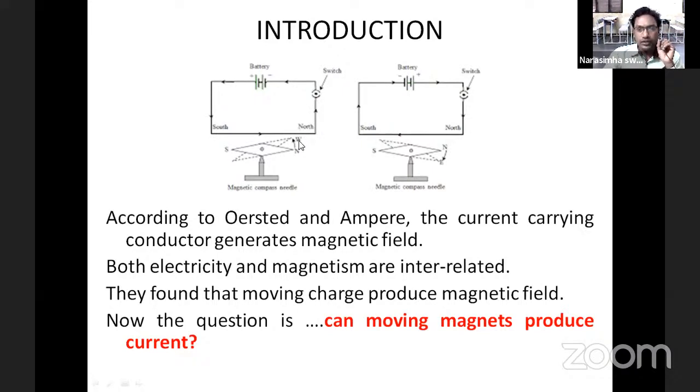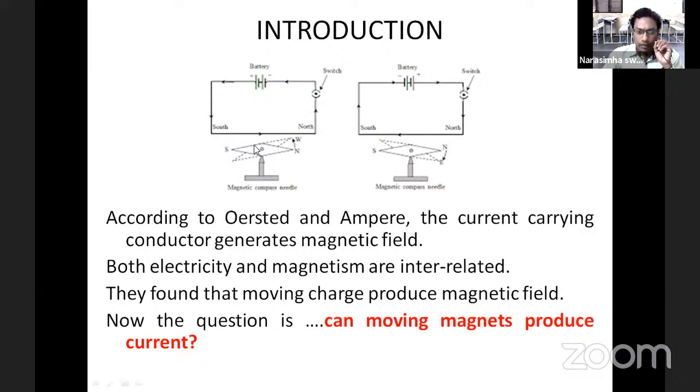So due to this magnetic field, the magnetic needle we kept nearby shows deflection. It is showing deflection because of the magnetic field generated due to the current in the conductor. This point is to be understood, then only we can understand the concept.